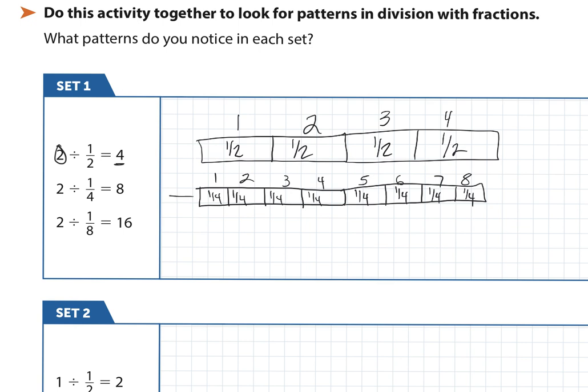So we can see 2 whole boxes divided into fourths equals 8 1/4 pieces.